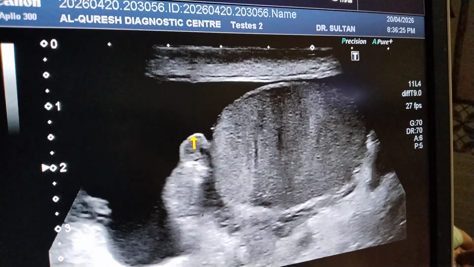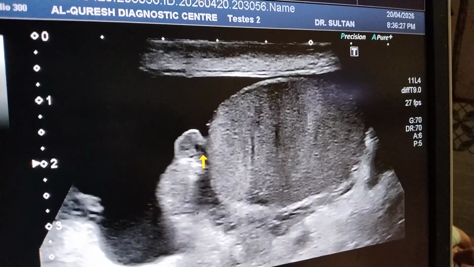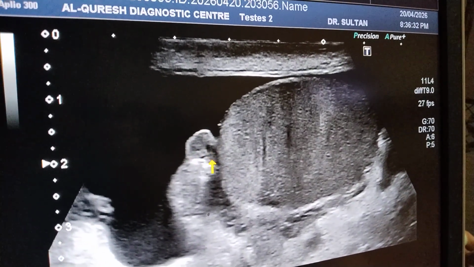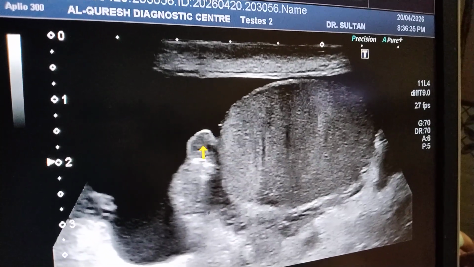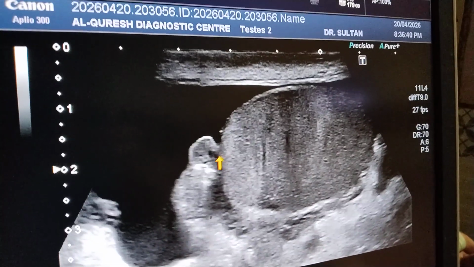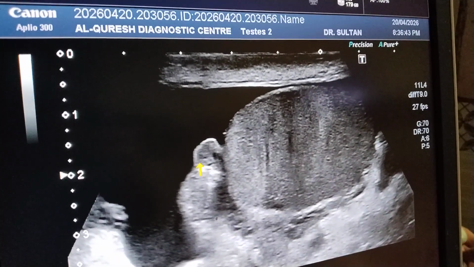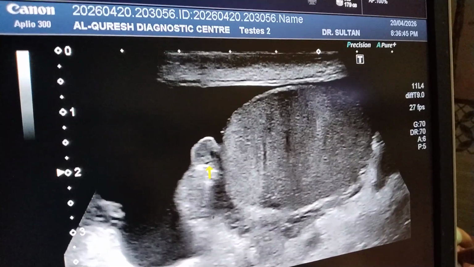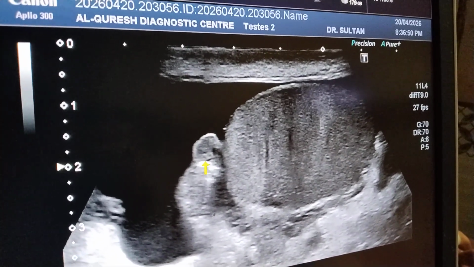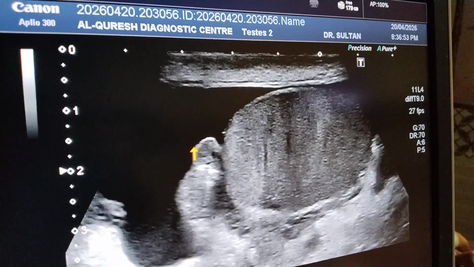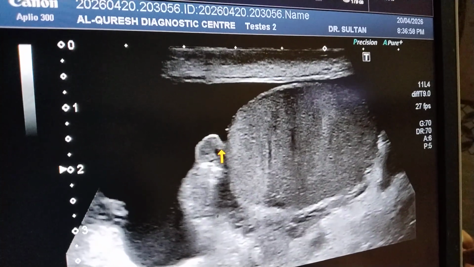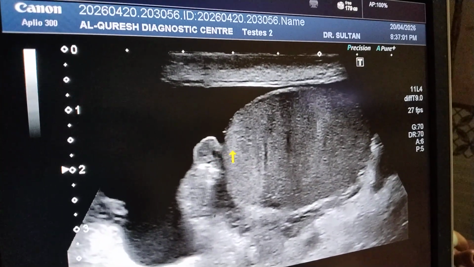And here we can appreciate another structure which is hypoechoic, also heterogeneous, and it is attached to the upper pole of the left testes, very close to or abutting the left epididymal head. This is the wall of this hypoechoic heterogeneous structure, and this is the appendix of the left testis.